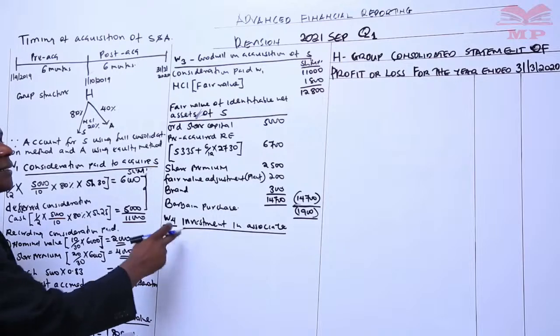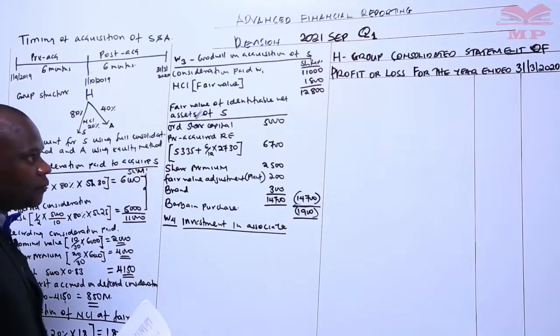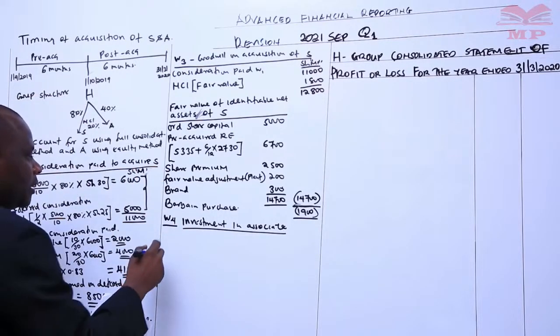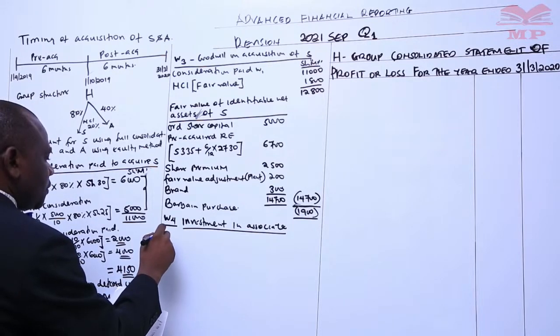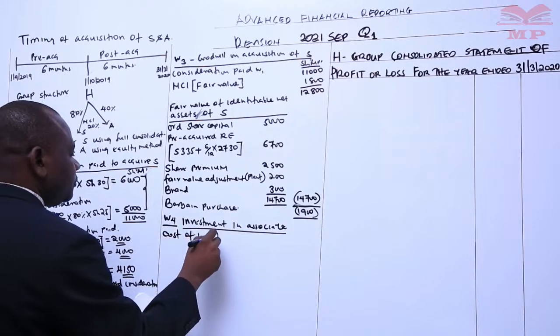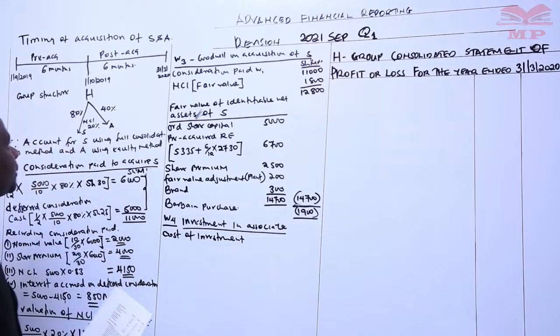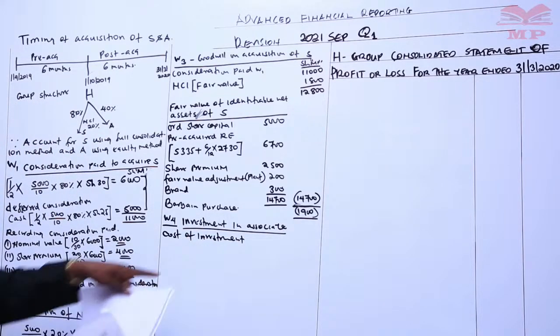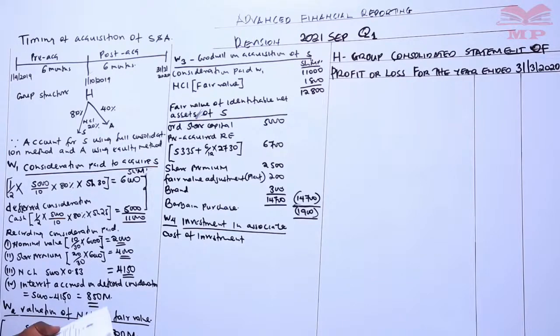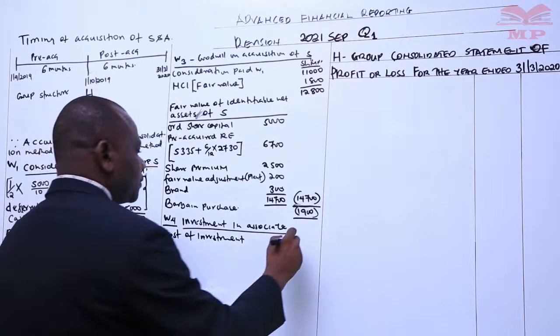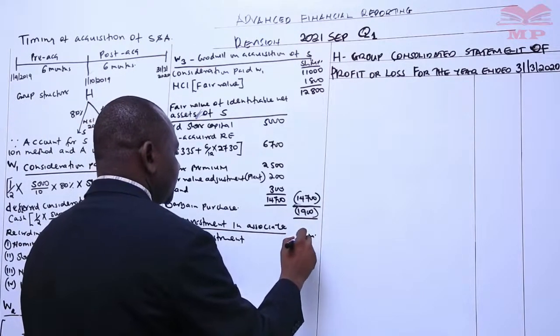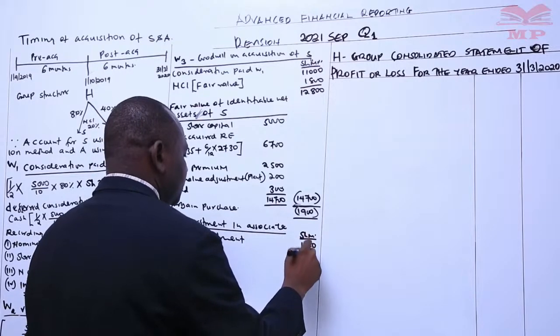And what is it? It is an asset to H, not to the group. So what was the cost of investment? Cost of investment, we already demonstrated here why it is 1920. So shillings in millions, 1920.